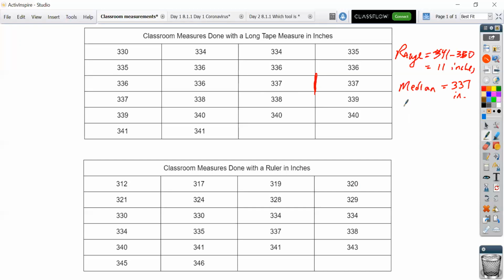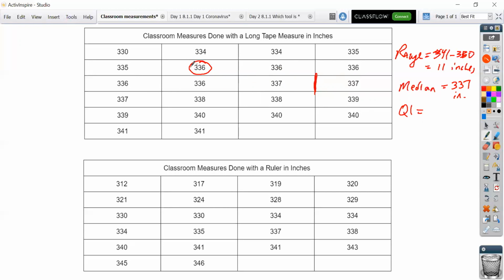The lower quartile, quartile number 1, is going to be the middle of the bottom 11. So 11 is the same as 5 plus 5 plus 1. So let's go 5 from the left, 5 from the right, and find the 1 in the middle. 1, 2, 3, 4, 5. I think this is going to be the 1 in the middle. 1, 2, 3, 4, 5.